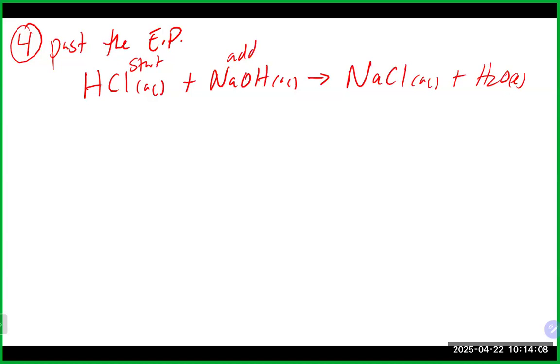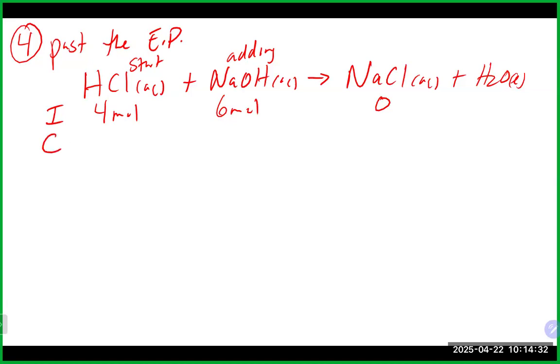We are adding this guy here. So initially taking my 4 moles of HCl that I'm starting with. Now that I am past the equivalence point, the moles of my sodium hydroxide, which is what I'm adding, should be less than, equal to, or more than what I started with. They should be more than what I started with. So I'm just going to go with 6 moles here, which is definitely more.